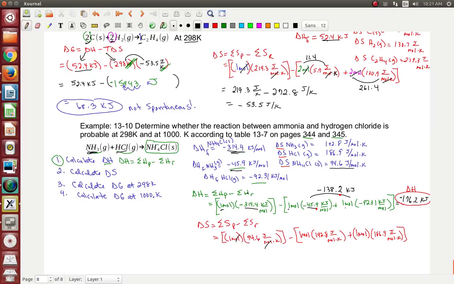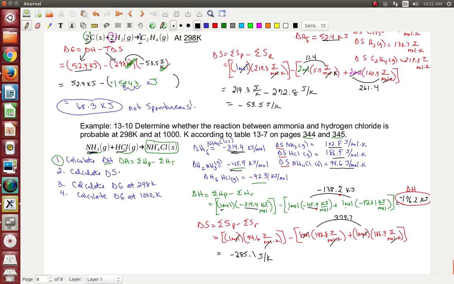And then the reactants are NH3, that's 192.8, moles cancel because there's only 1 mole, and HCl, moles cancel because there's only 1 mole of HCl. So there's the 3 values. Now I'm going to combine these two, subtract them from here to get the change in the entropy. Alright, when I combine these two, I got 379.7. I subtract it from 94.6. I get a negative 285.1 joules per Kelvin.